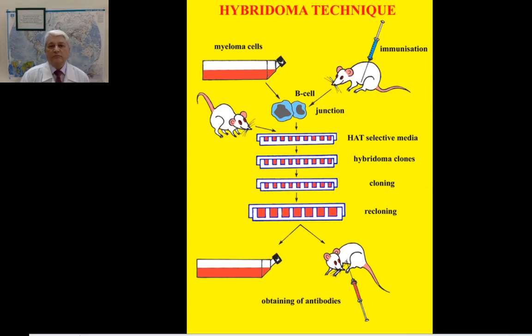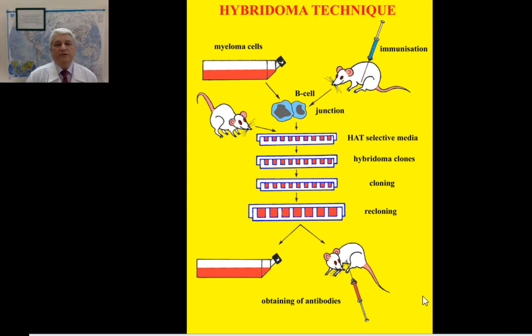But let's decide that finally we obtain a test tube in which we have a clone of hybridoma producing antibodies with desired specificity. What do we do with these cells? We have two possibilities.